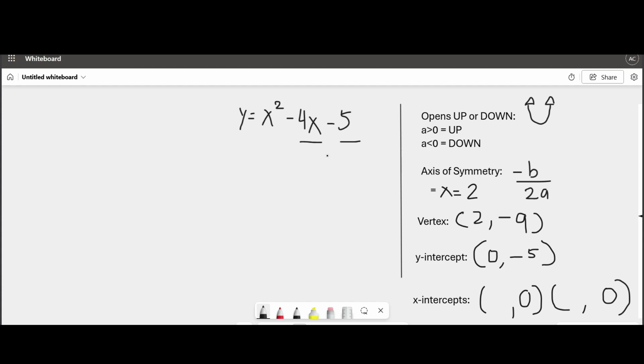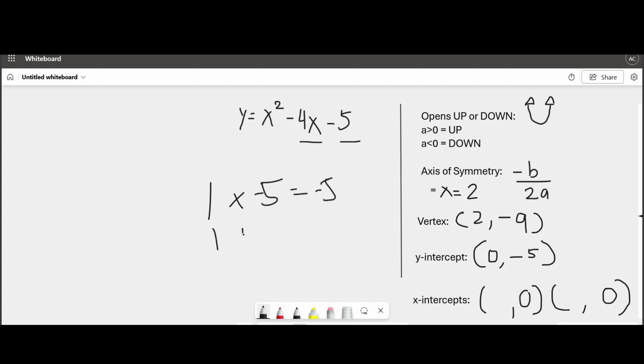Well, we know that 1 times 5 is 5, right? But it is also the case for 1 times -5. So that will be -5.